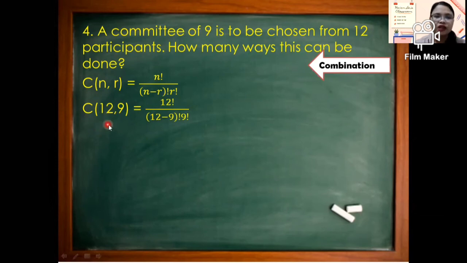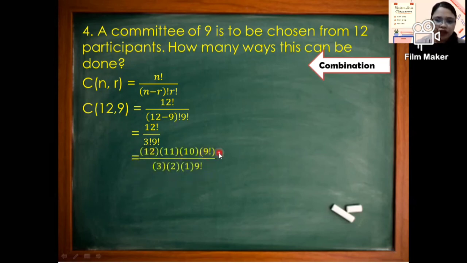So that is combination of 12 taken 9 is equal to 12 factorial over 12 minus 9 factorial, 9 factorial. Then simplify. You will have 12 factorial all over 3 factorial. 12 minus 9 is 3 factorial. 9 factorial is bring down 9 factorial.